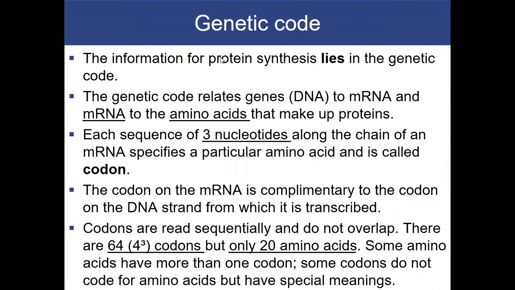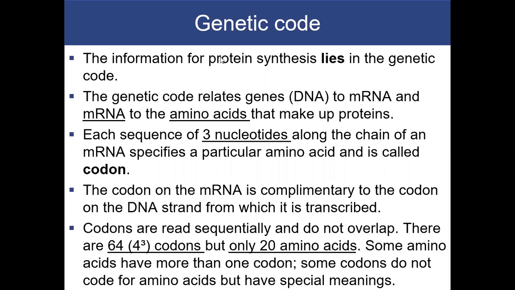Moving on to genetic codes now. The information that the ribosome needs in order to carry out protein synthesis lies in the genetic code. The genetic code relates the genes to the mRNA, and the mRNA to the amino acids that will make up proteins.